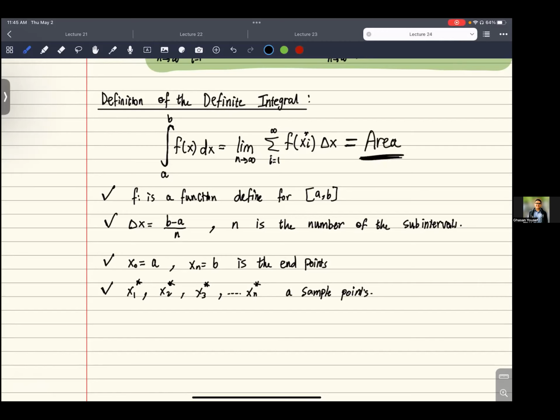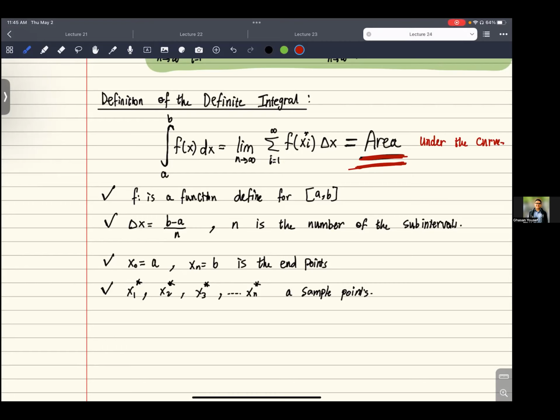So what is the integral? It's the same as area. Area for what? Under the curve. Make sense? So the integral is the same as the area under the curve.